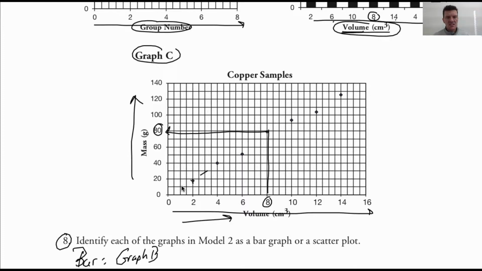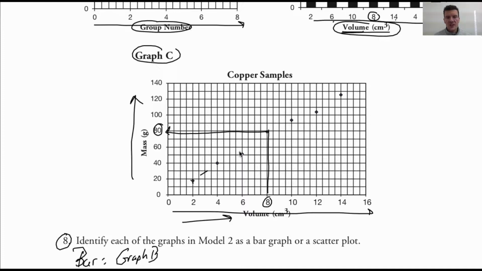And you can see that just by eyeballing a line that might fit best to all of these points.